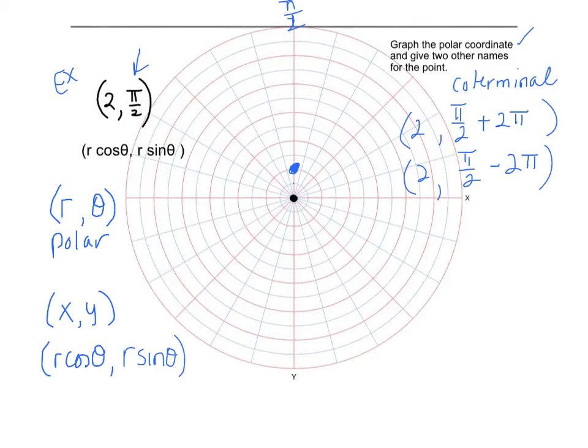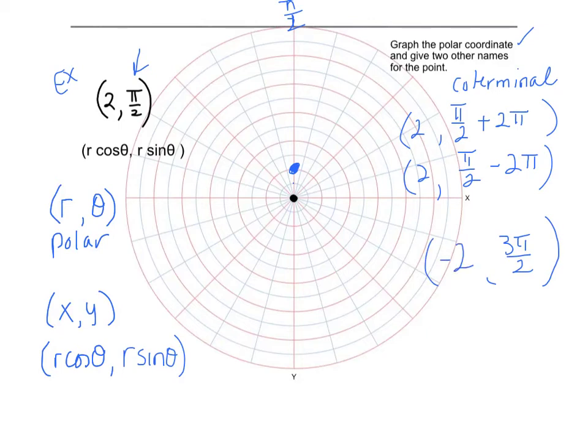Another way to do it, which is a little trickier, is to go 180 degrees, or go pi, in the opposite direction. So my angle would not be pi over 2, it would be 3 pi over 2. Well, I don't want to end up at 3 pi over 2 positive 2. I want to go in the opposite direction, so I would say negative.